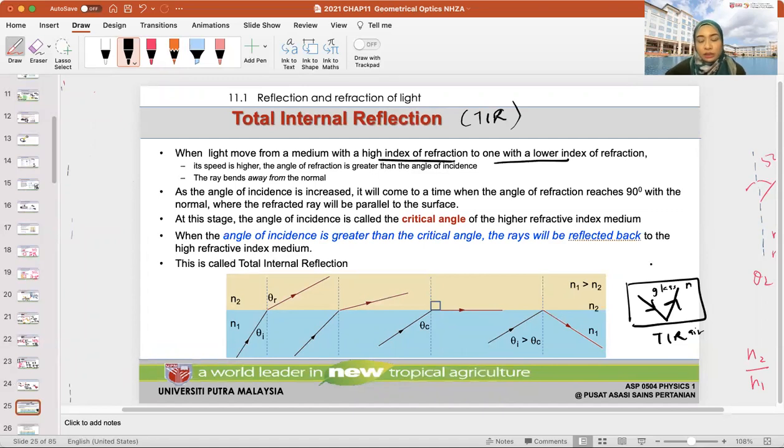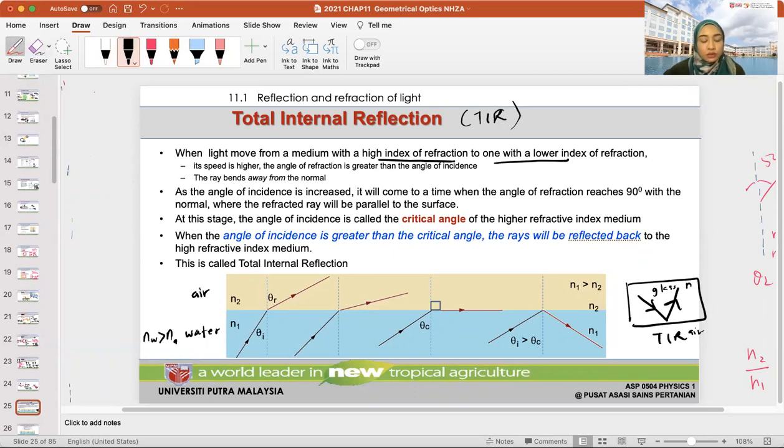So the condition for TIR to happen is the incident light must be in the medium with the larger N. Let's say this is water and this is air. N of water is going to be greater than N of air, right? So N water is greater than N air.